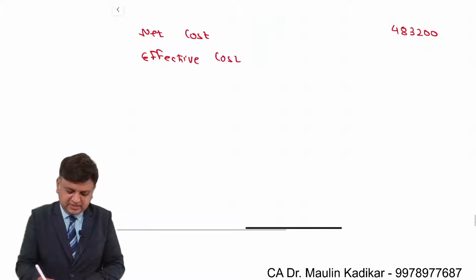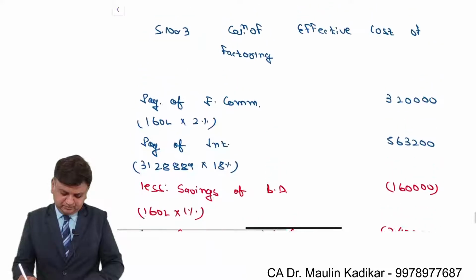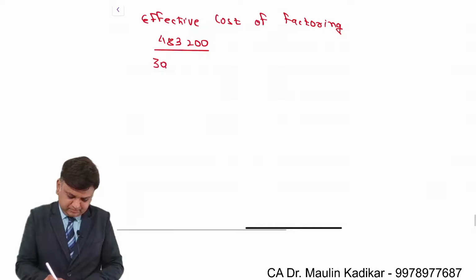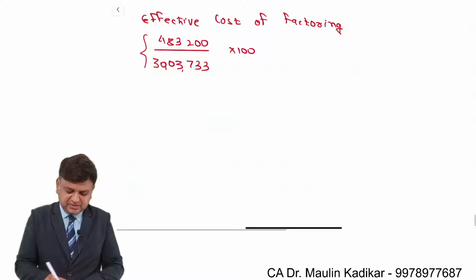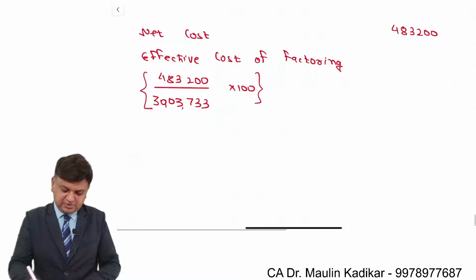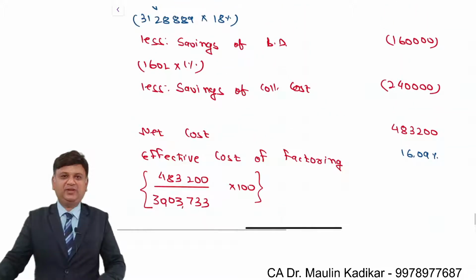And effective cost of factoring is 483,200 divided by the loan amount, it is 30,03,733, in step number 2 that we computed, into 100 for getting answer in percentage term. That is 16.09%. This is what we understand.